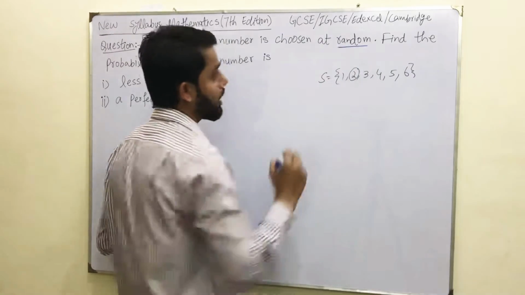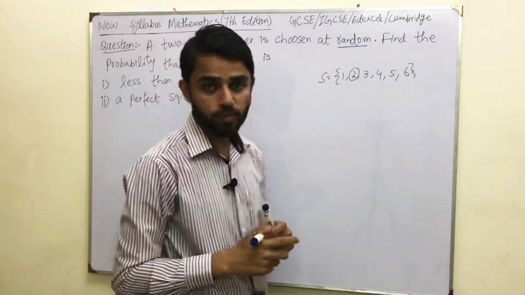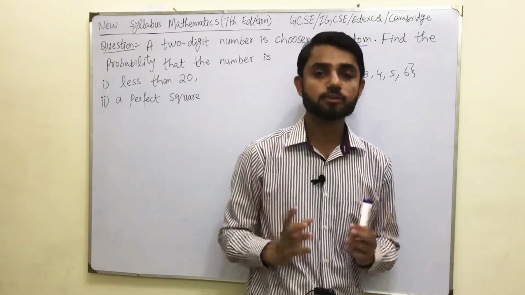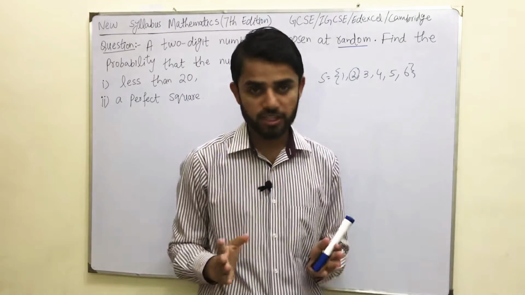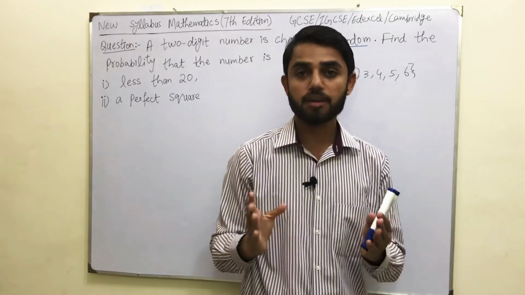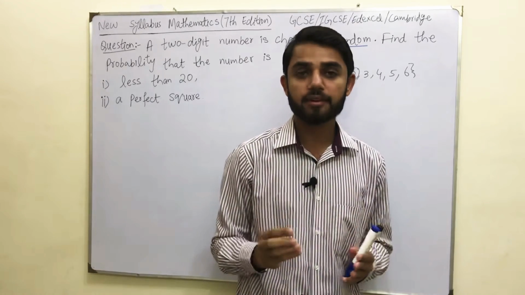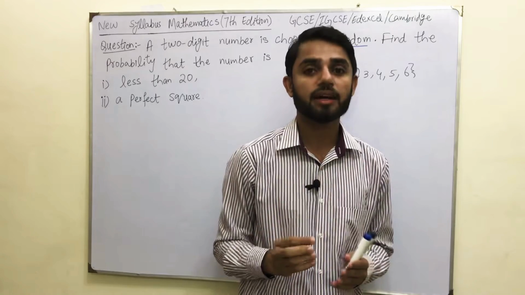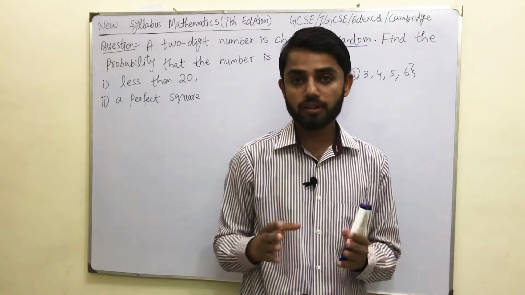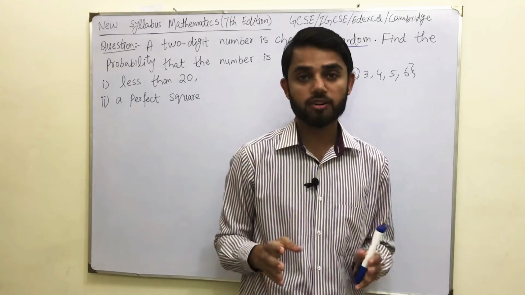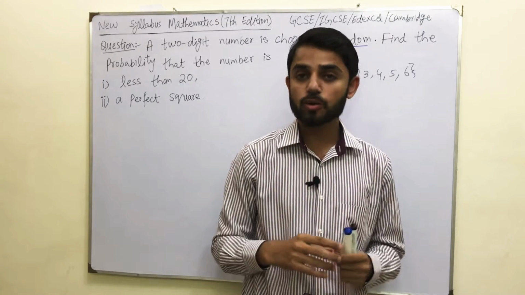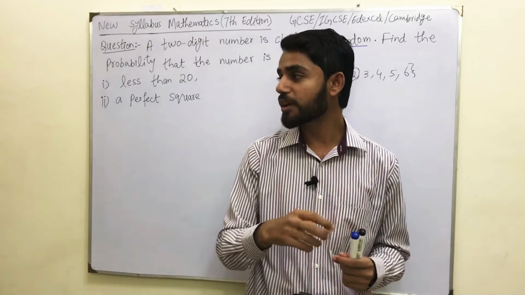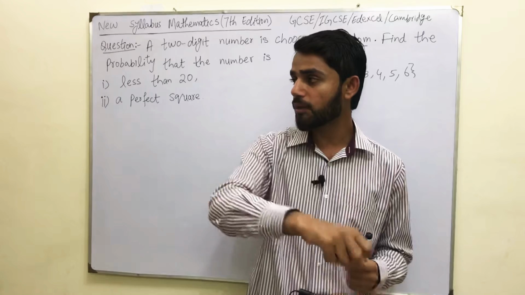I would like to explain this word like this. Let's assume that we have a box in which we have some colored balls, red, blue and black, and the number of balls in that box is 40. Without looking at the box, you are looking somewhere else and you are picking a ball at random.